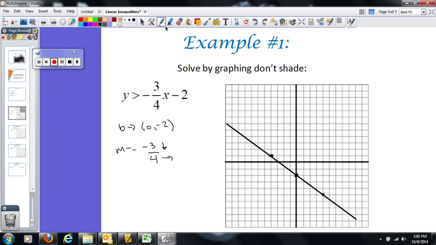Okay, and because it is greater than, it means that it's going to be dotted. Alright, so now I am going to cheat because no, I'm not going to do that. See how bad I am at this. Okay, making my dotted line here.